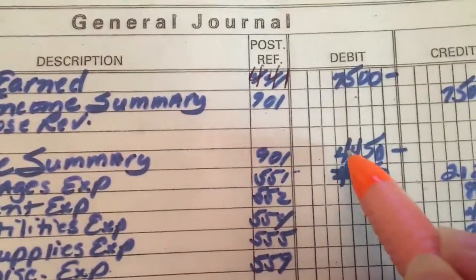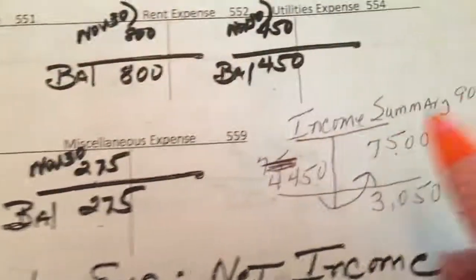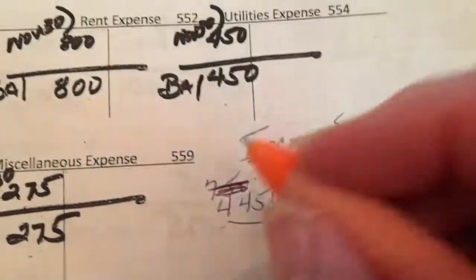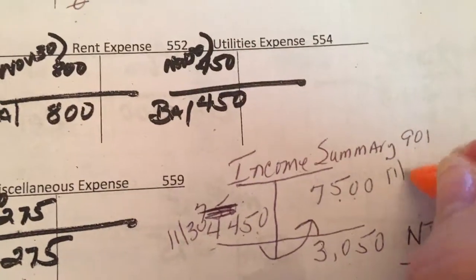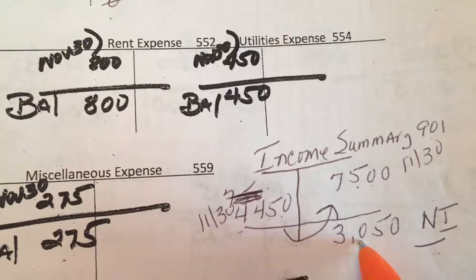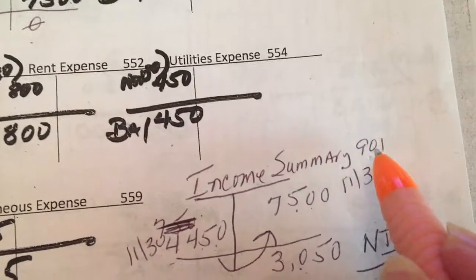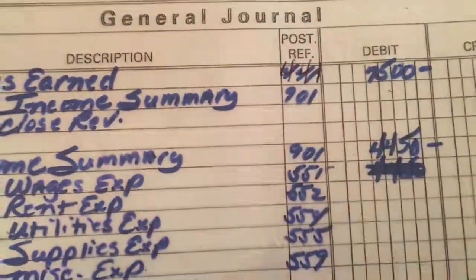Income summary, debit, $4,450. We did this one in class the other day when we set up the account, $4,450, and this is on November 30th, both of these. And we got a balance of $3,050 that represented net income. That 901 needs to be carried back over and put under your posting reference column when you do this for homework.